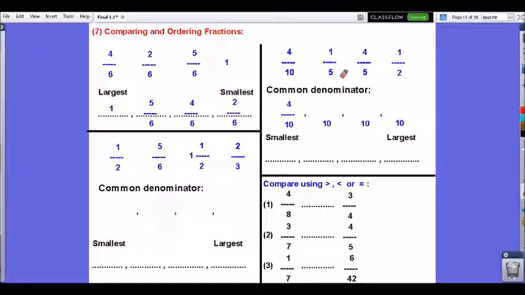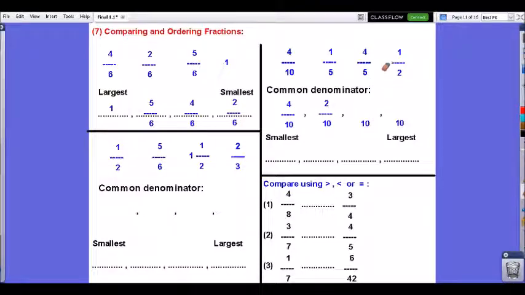All right, what happened to the 5 to become a 10? I multiply the 5 by 2 to become a 10. Then I need to multiply the 1 also by 2 to become 2 over 10. And I multiply the 5 here by 2 to become a 10.